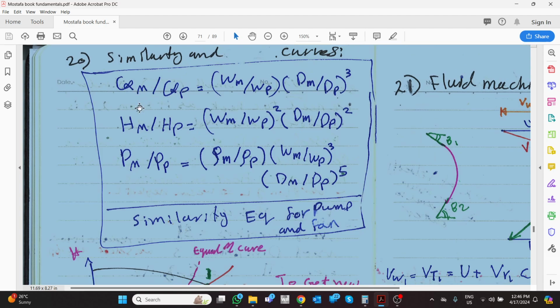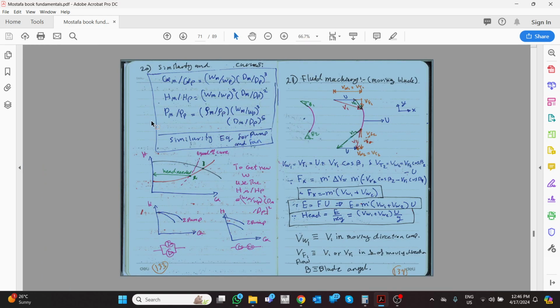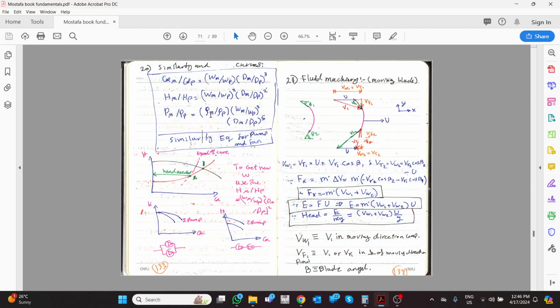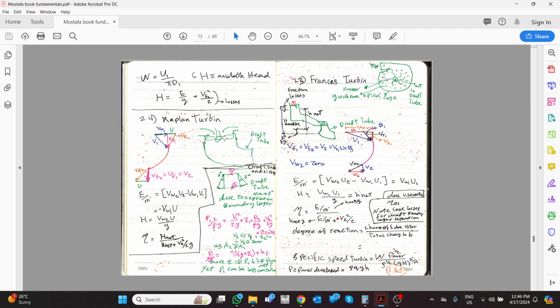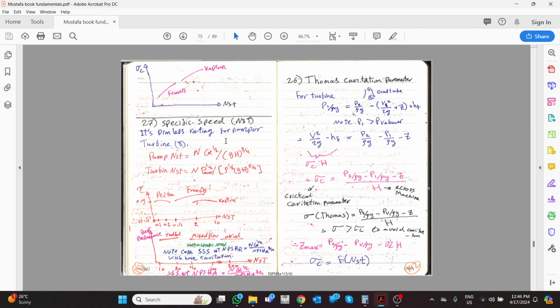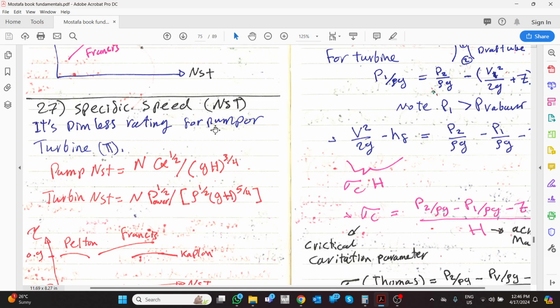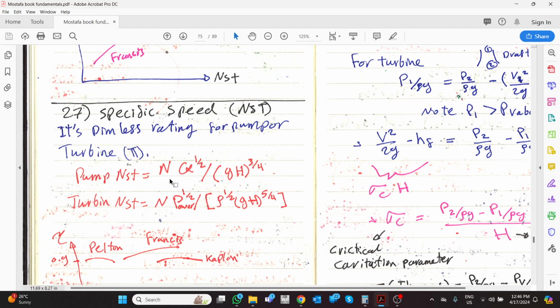You will get something named specific speed, which is a constant, and we're going to go into the specific speed in detail later on. The specific speed for the pump is N square root of Q divided by (gH) to the power 3/4, and this constant is a pi. For example, this is for the pumps, this is for the turbine.